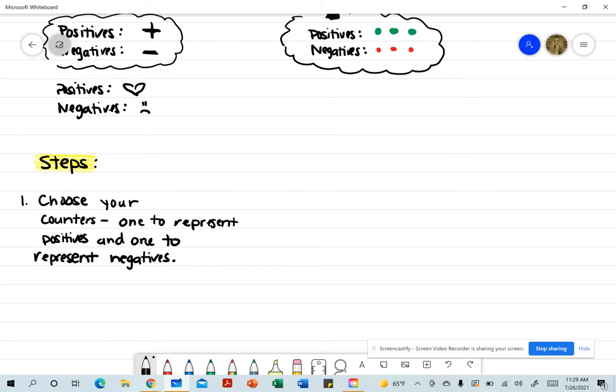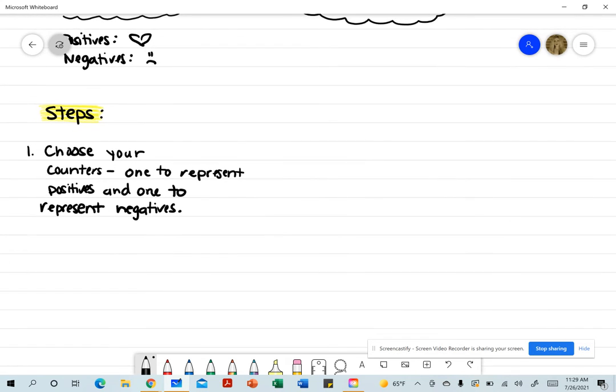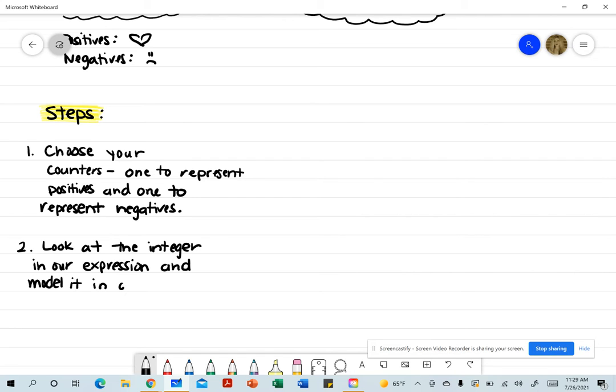Okay. So once we do that, then what we do is we look at the first number in our expression, or at the first integer to have better vocabulary, in our expression, and model it in a row using our counters.